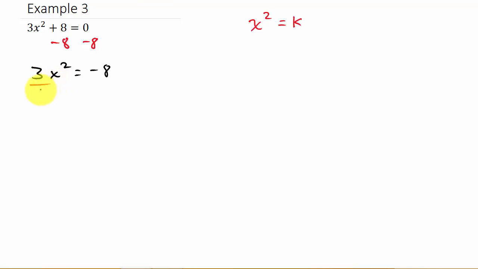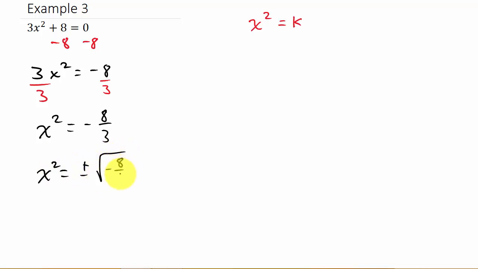And then I'm going to divide both sides by 3. And so I get x squared equals negative 8 thirds. And so now I can apply the square root property because I have it in this form. And so I get x is equal to plus or minus the square root of negative 8 thirds.